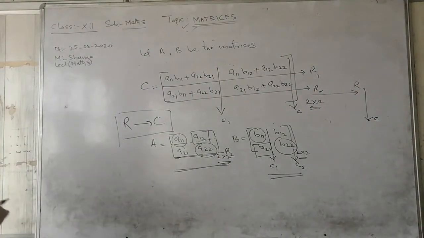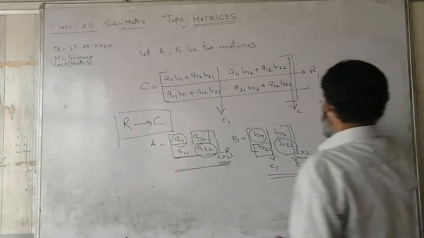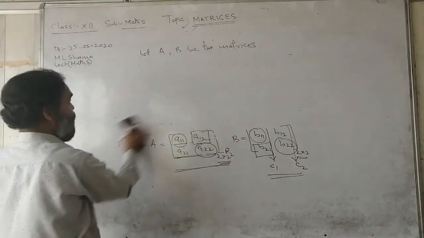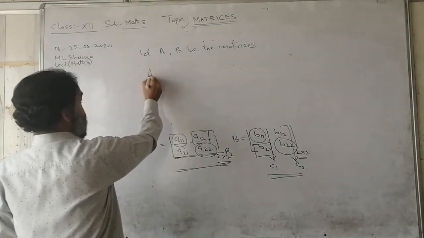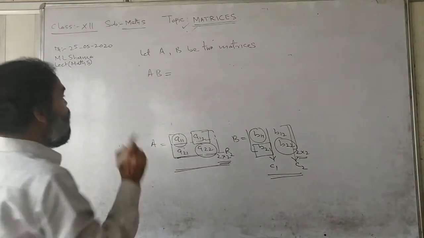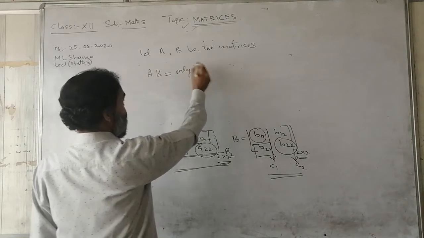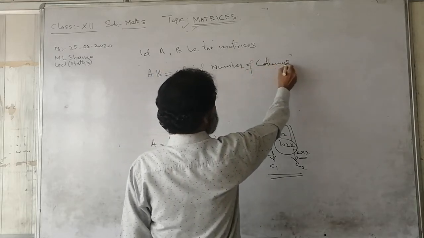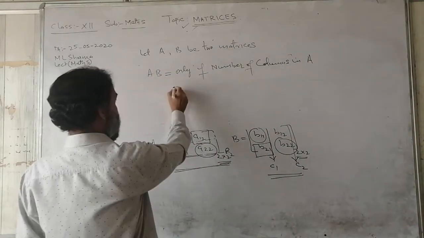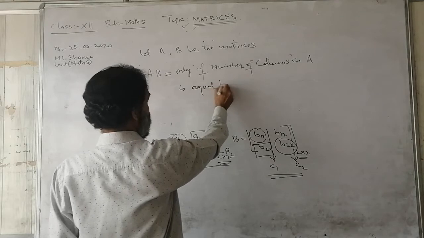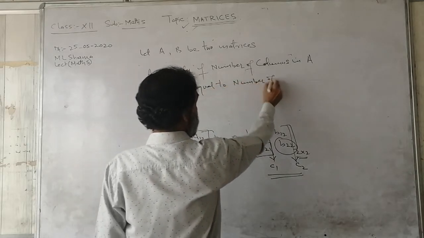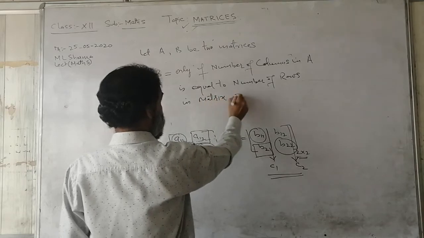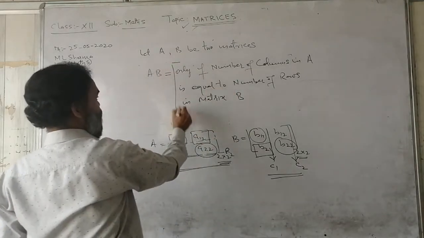So here we have to note one thing, that AB is possible only if the number of columns in matrix A is equal to the number of rows in matrix B. So this is to be noted.